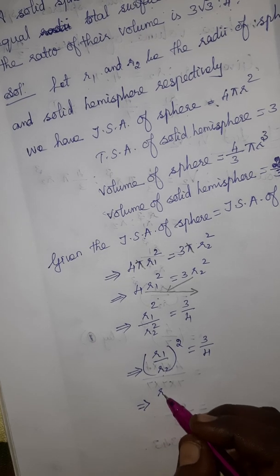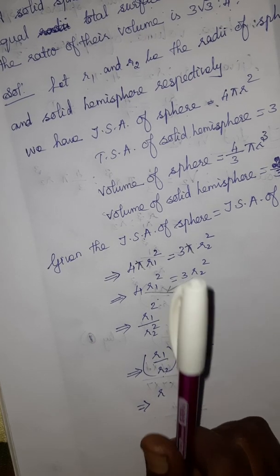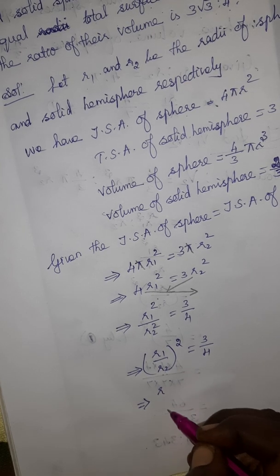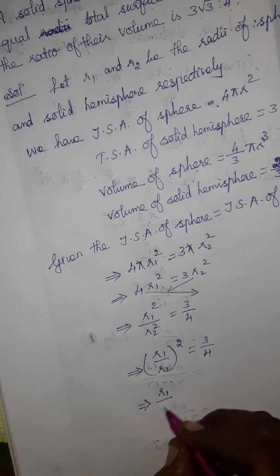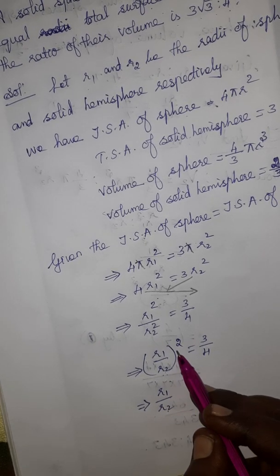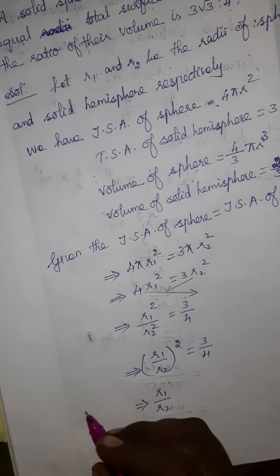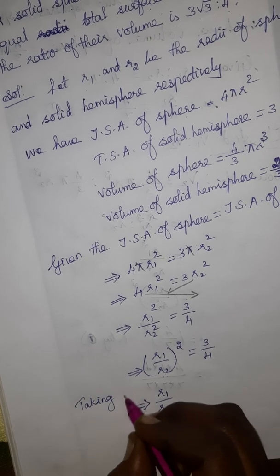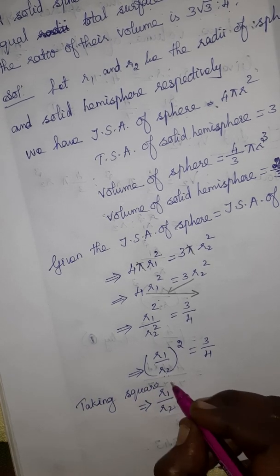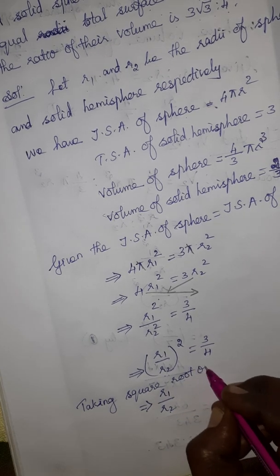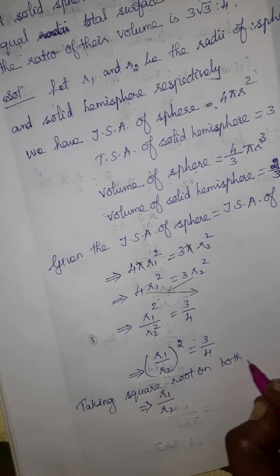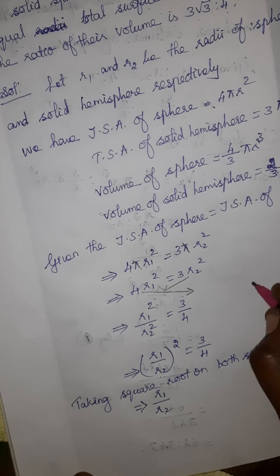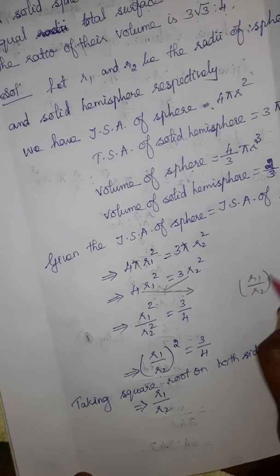Why are we writing r1 by r2? We need the ratio of volume. For that, we write this r1 by r2 in the ratio form. On the left side you have the square, so we take the square root on both sides.